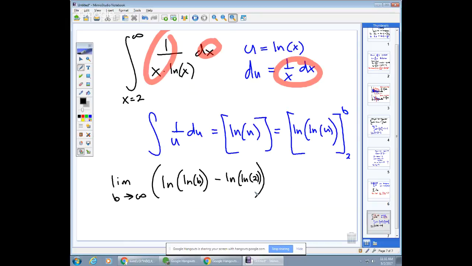Now we can move limits into and through functions and additions, subtractions, multiplications if those things behave nice. By behave nice I mean their limits exist. They're continuous functions over the area we're taking the limit. Well, the natural log is a nice continuous function, so we could bring that in here. In which case, what happens to the natural log of b as b goes to infinity?